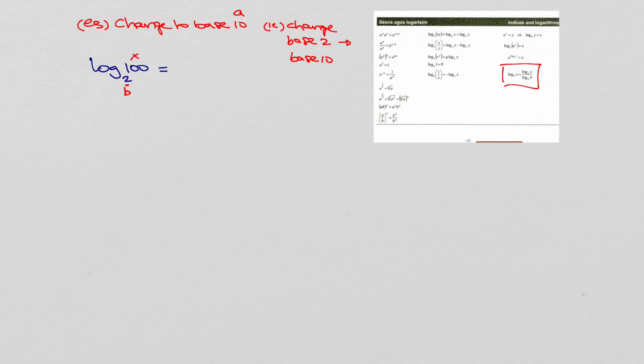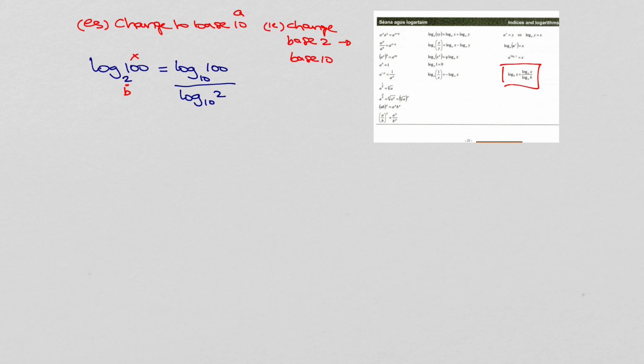So that's going to be log 100 to the base 2 is equal to log x, which is 100, to the base A, which is the new base, 10, over log B, which is the old base, to the new base A, which again is 10. Now, obviously, we can put all of this into our calculator, but just for this example, we're just looking at how do we use and apply the formula.